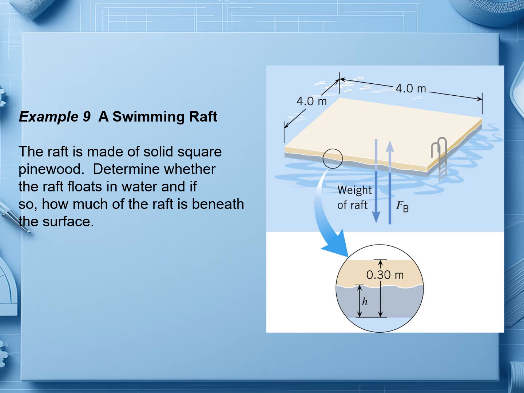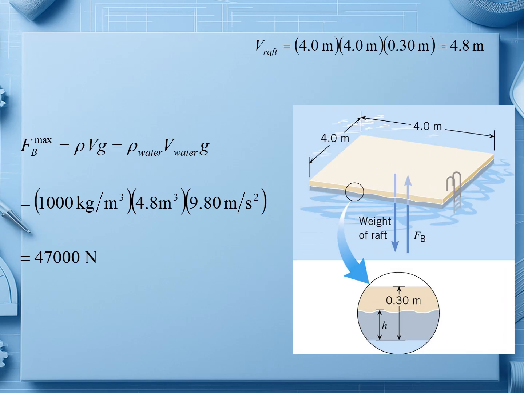Let's see if this pine wood raft floats. We determine how much it is submerged by comparing the buoyant force to the raft's weight. Solving for the volume of the raft, 4 times 4 times 0.30, we have 4.8 cubic meters. Then the buoyant force is the density times the volume times the acceleration due to gravity.